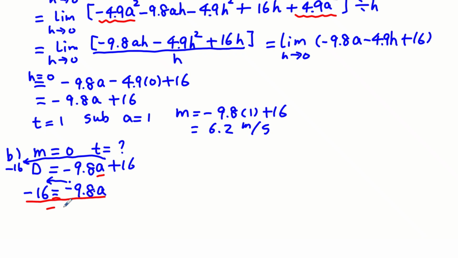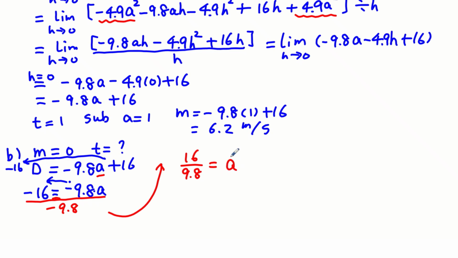So we divide by negative 9.8 on both sides. Then we are going to have 16 over 9.8. Negative divided by negative gives you positive. Then negative 9.8 divided by negative 9.8 is 1, so a is left.